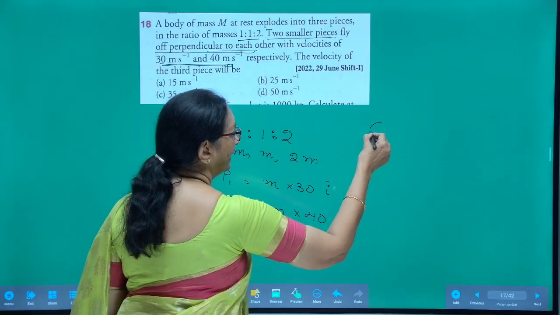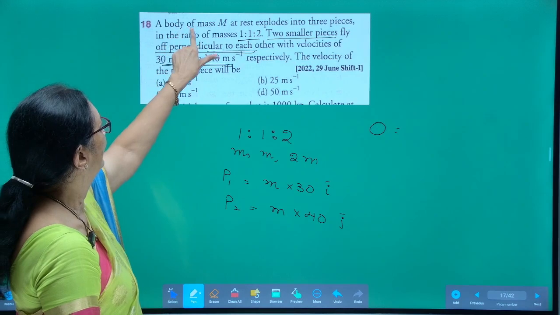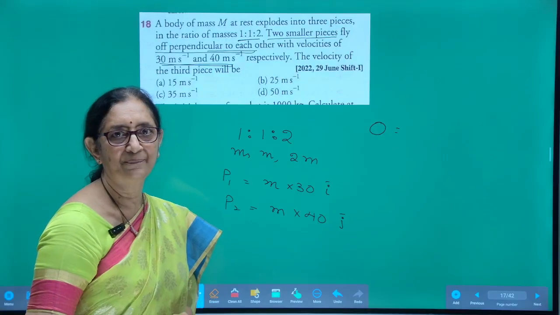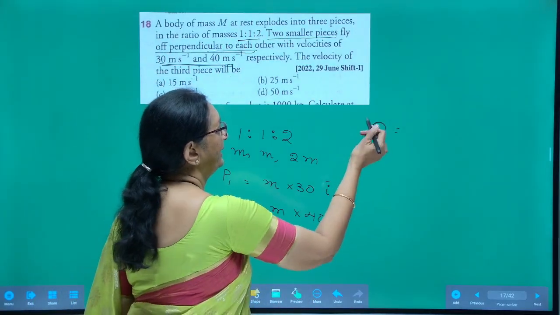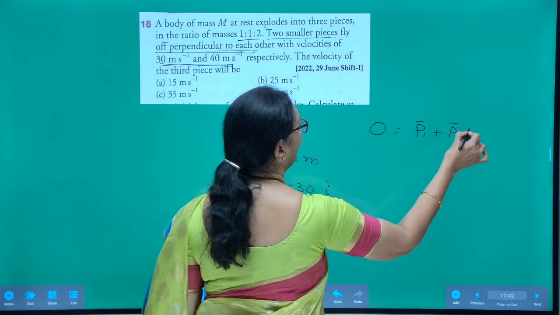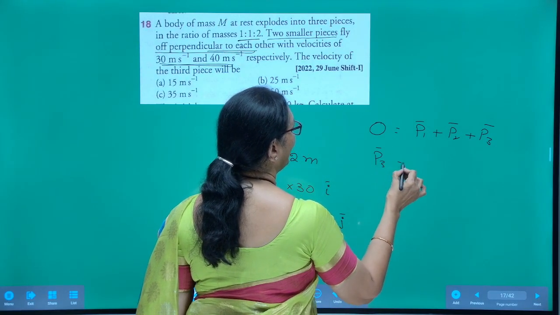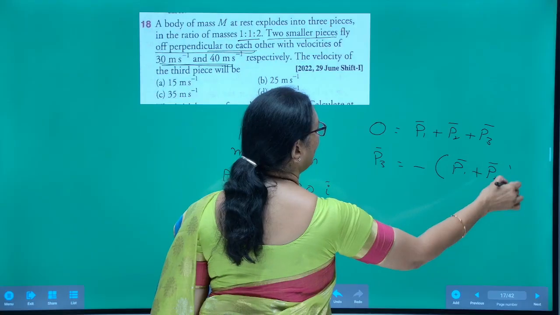See here, from the law of conservation of momentum, a body at rest explodes into 3 pieces. Initial momentum is 0. It is P1 bar plus P2 bar plus P3 bar, from which P3 bar is minus of P1 bar plus P2 bar.